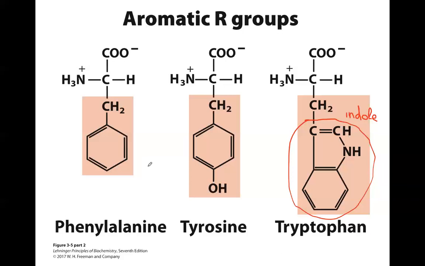Now I have to say also that many proteins absorb in the UV region of light, okay? And that's primarily due to these aromatic amino acids. So tryptophan and tyrosine, they absorb around, I think, 280.